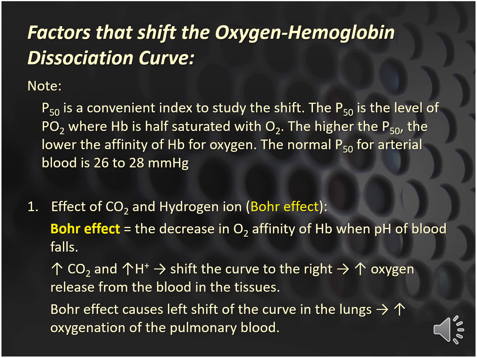The Bohr effect causes a left shift of the curve in the lung, because simply in the lung the carbon dioxide will be less and the hydrogen ion concentration will be less, so the curve will be shifted to the left, and this will increase oxygenation of the hemoglobin at the pulmonary site.